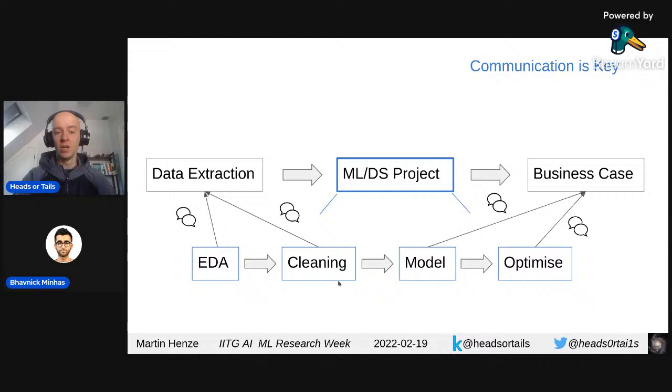You want to talk to the people that you get your data from about your EDA findings and about the data cleaning, right? Maybe you uncovered a serious issue in the way that the data is extracted. So you want to go back to them and say, well, maybe we can fix it at your stage, and you can clean this up so that we get better data.